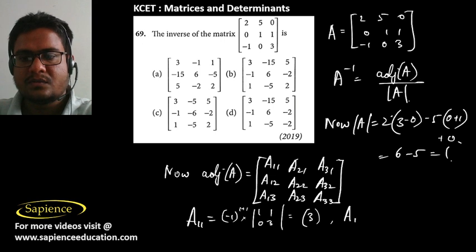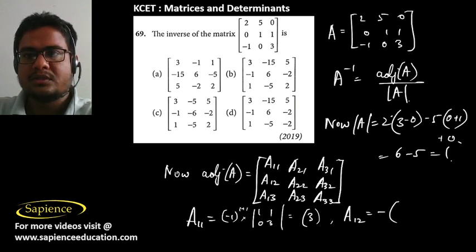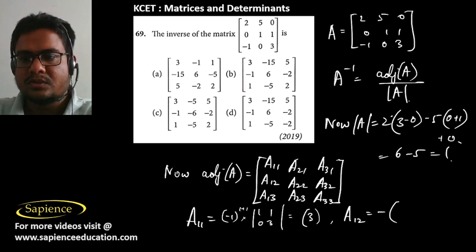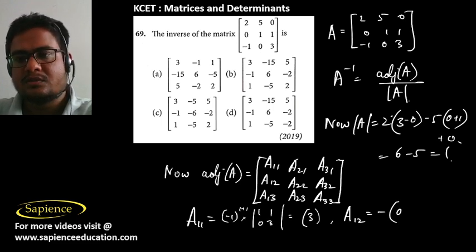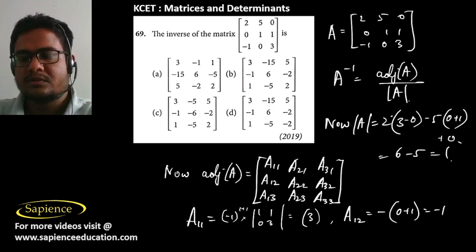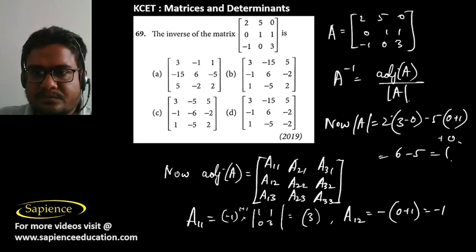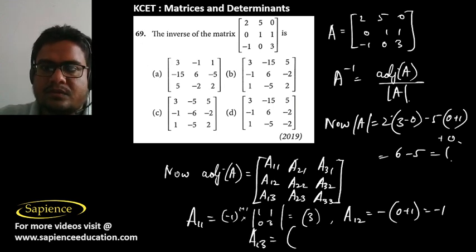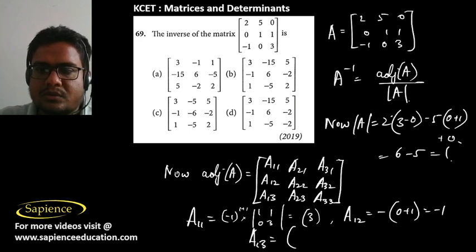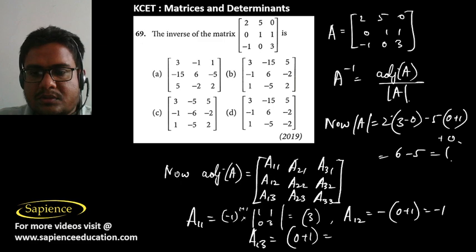Then A12 is minus of the first row and second column removed, so 0 minus of minus 1, so plus 1, that is 1. Then A13, first row and third column removed, so 0 minus of minus 1, that is plus 1.